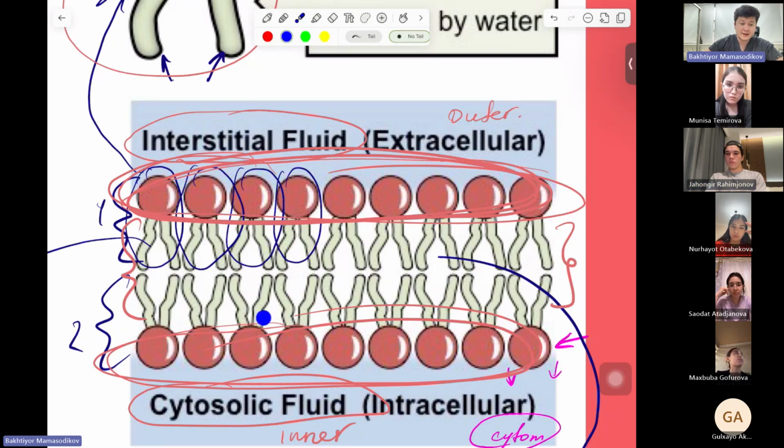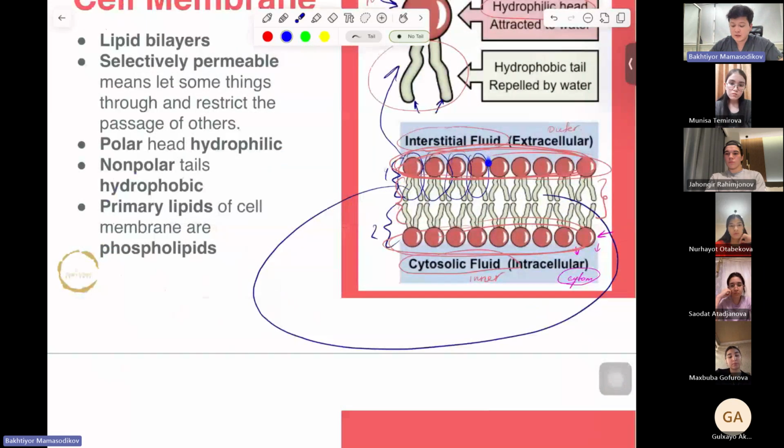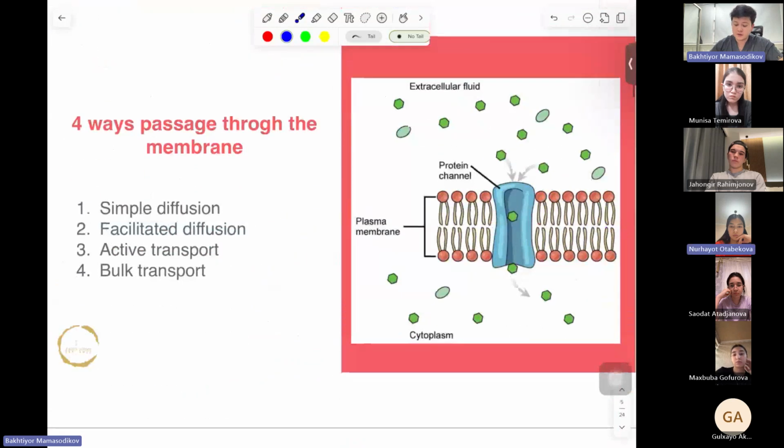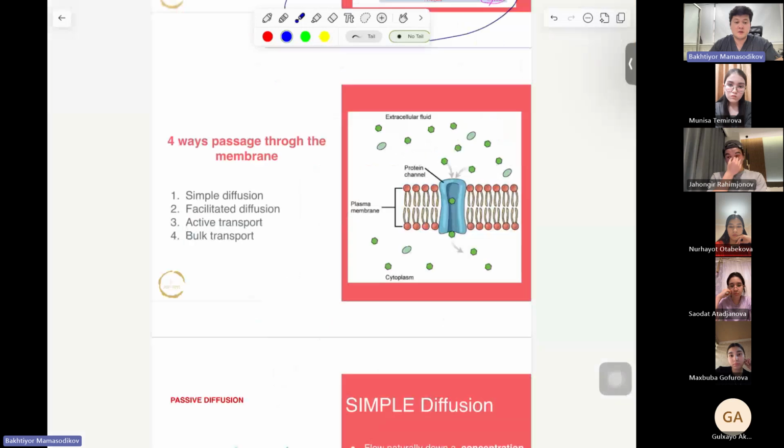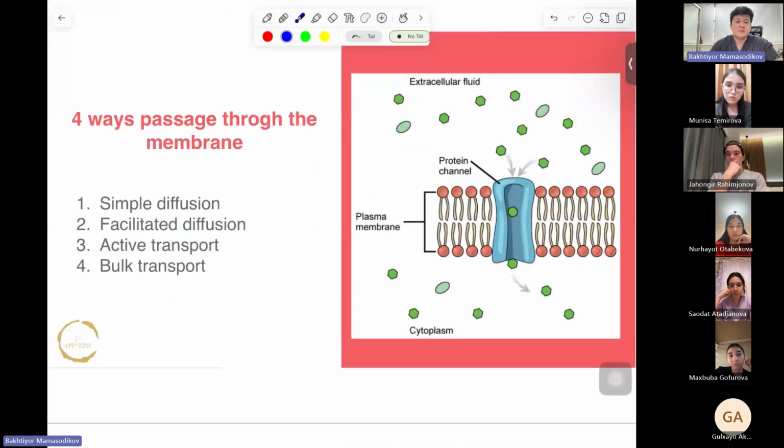Only hydrophobic substances can cross directly, without any protein channels. But what about hydrophilic substances? Of course, hydrophilic substances also go inside, but with specialized channel proteins. This is the channel protein. We will learn it later.